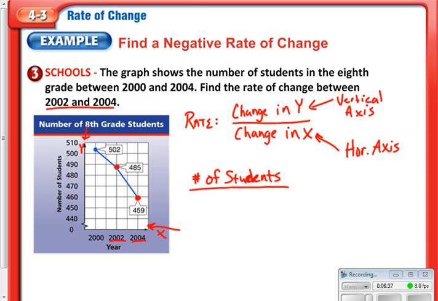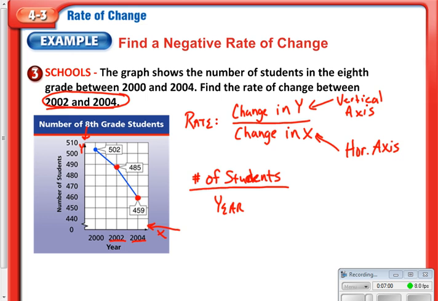My y-axis, right here. The x value is the horizontal axis. That is talking about year. Now, if we look back in this problem here, it says that we need to use values from 2002 to 2004. 2002, 2004 are years. So it's the change from year to year.